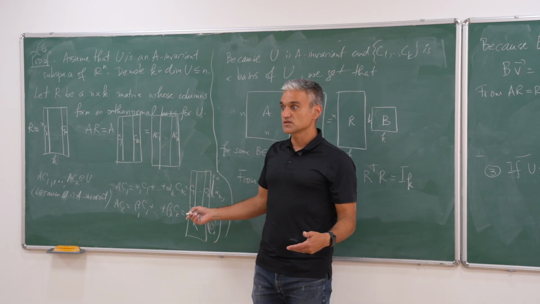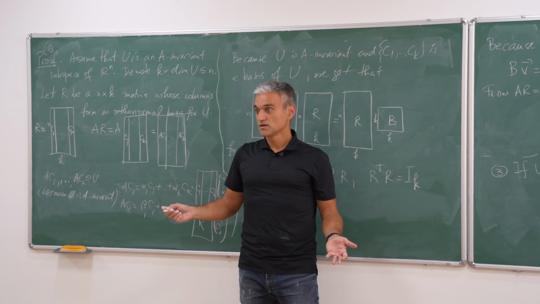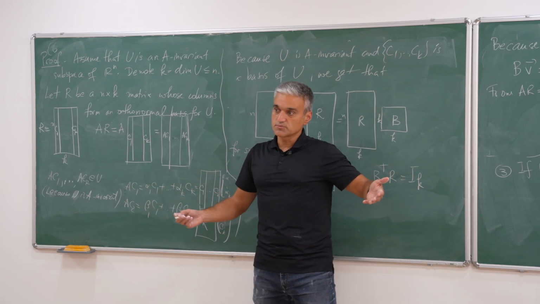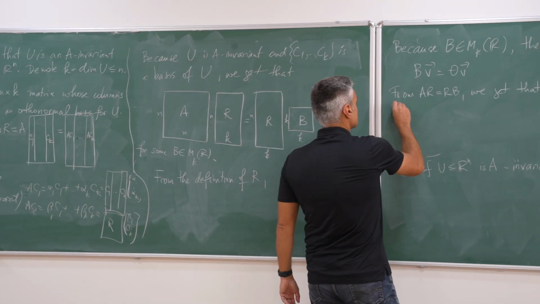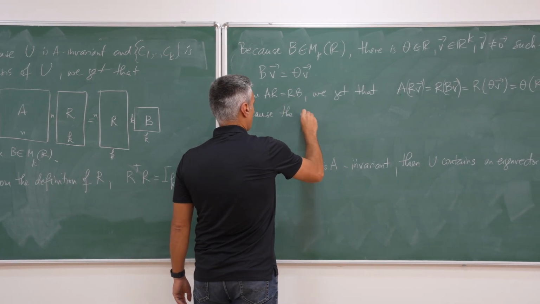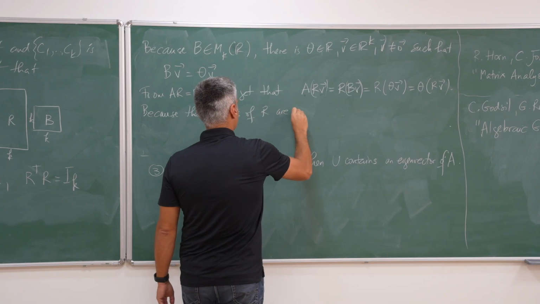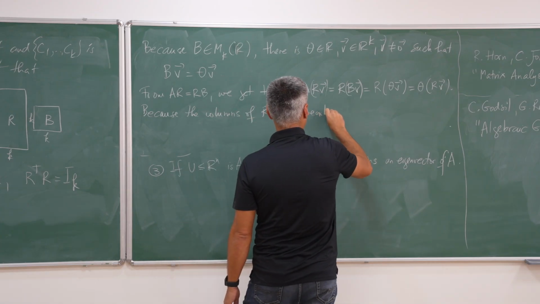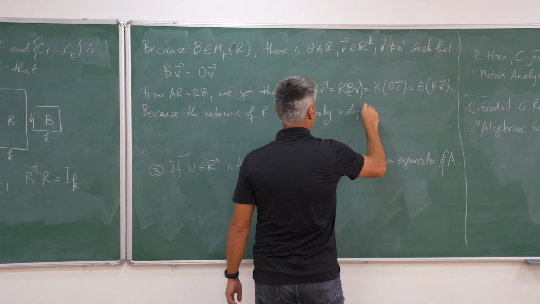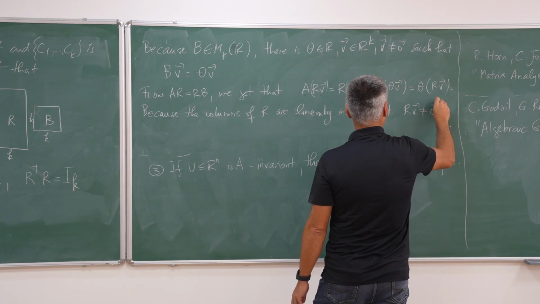You get a linear combination of the columns. And what were the columns? They were orthonormal, so linearly independent. So you can say that because the columns of R are linearly independent, RV is not the zero vector.